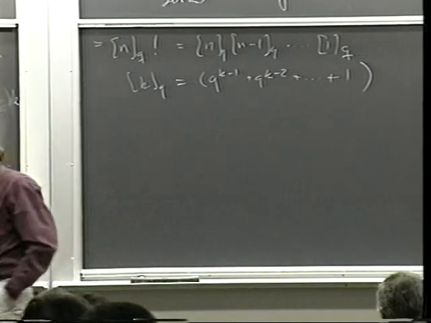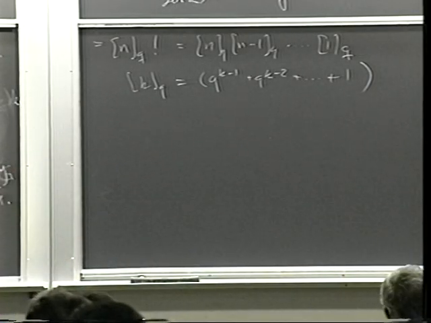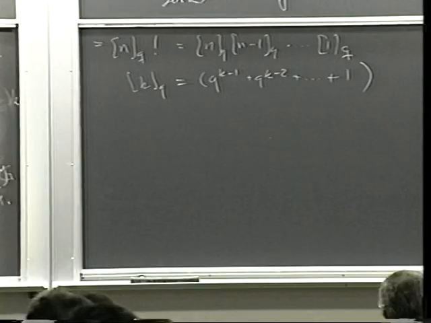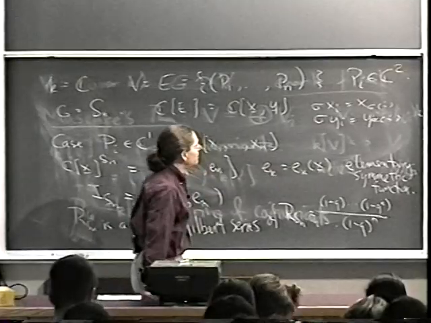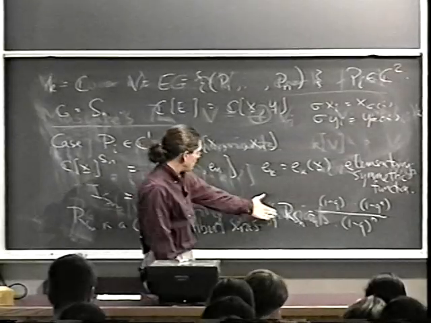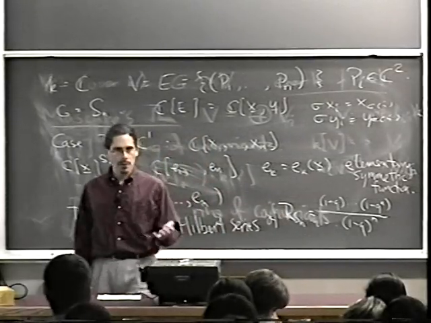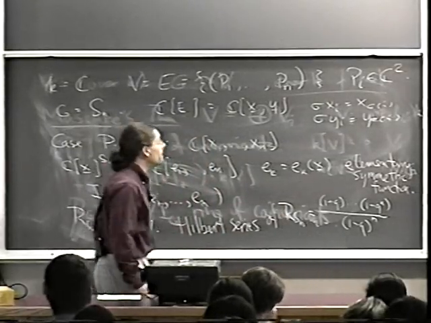So that's a q-analog of k in the sense that if q were equal to 1, since there's k terms there, you get k. All right, so the Hilbert series is this q-analog of n factorial. In particular, the dimension of this as a vector space, its length as a ring, is n factorial.